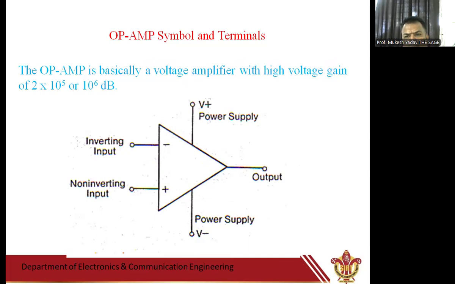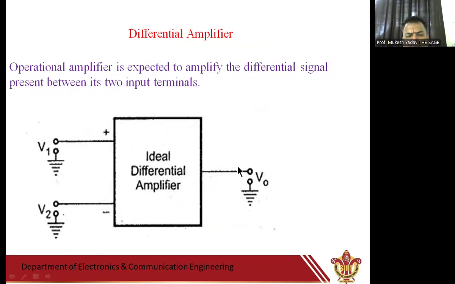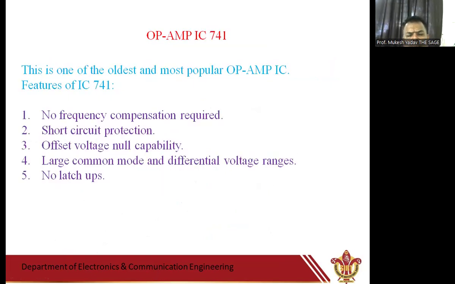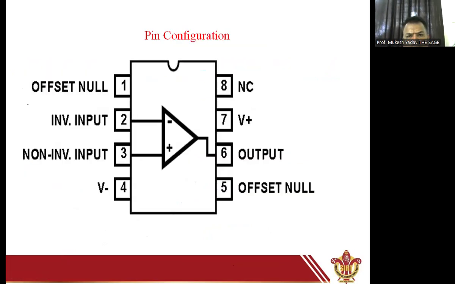Like, if we supply plus 12 volt at V plus, then we require minus 12 volt at V minus. The operational amplifier IC number is 741 and it is available in the market. We can use it in any sensor based circuit.